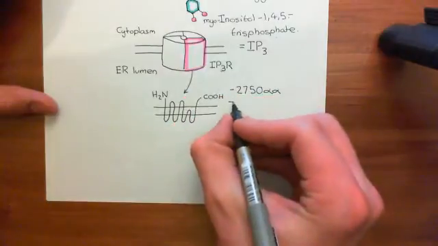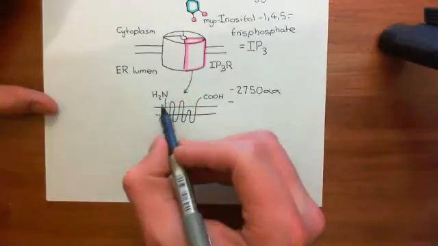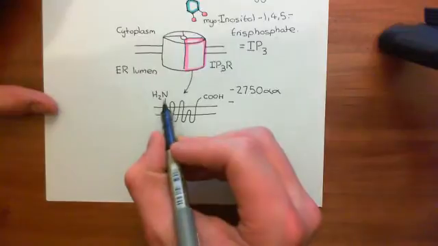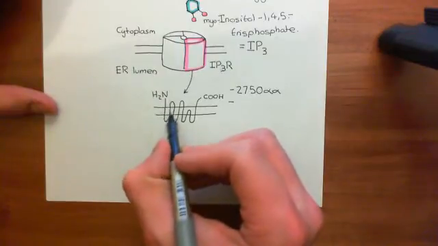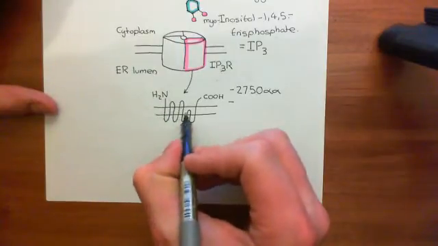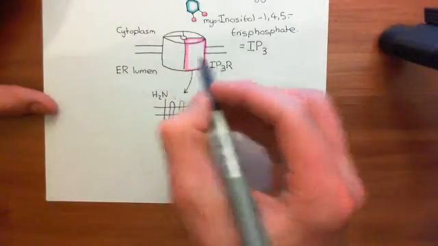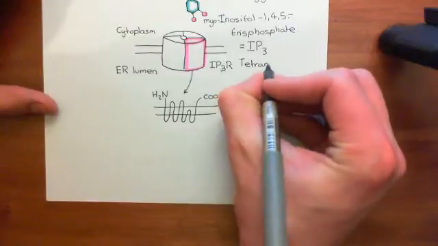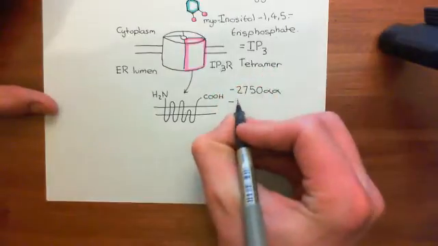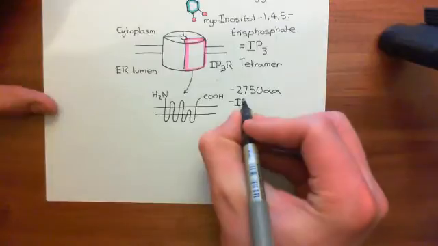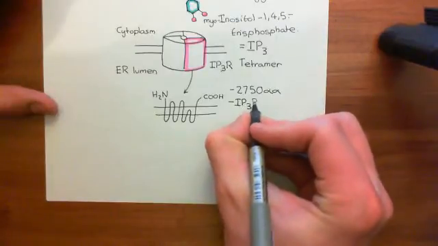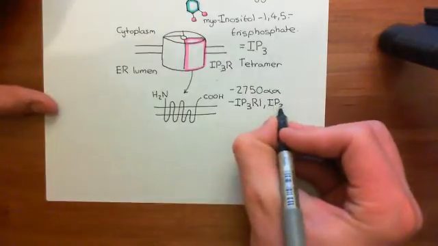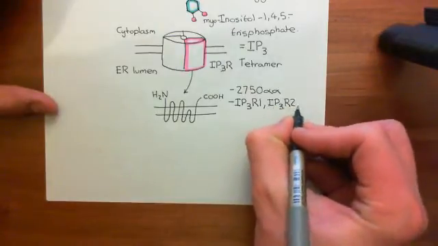There are 3 known genes which code for different proteins with different amino acid sequences, but which all have this same membrane spanning topology and can tetramerize together to make a full IP3 receptor. These 3 subunits are known as the IP3R1 subunit, the IP3R2 subunit, and the IP3R3 subunit.